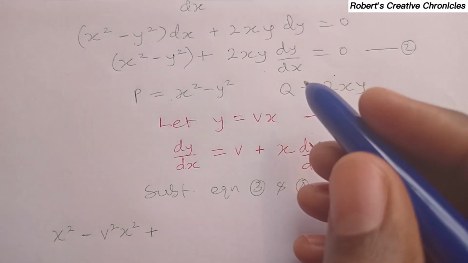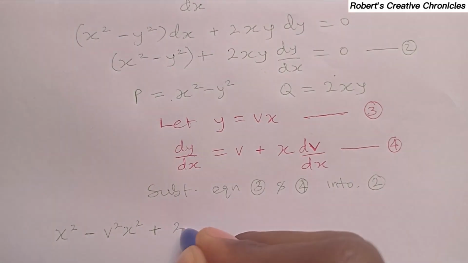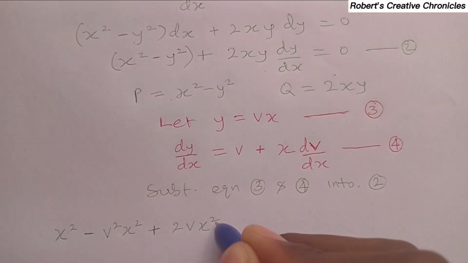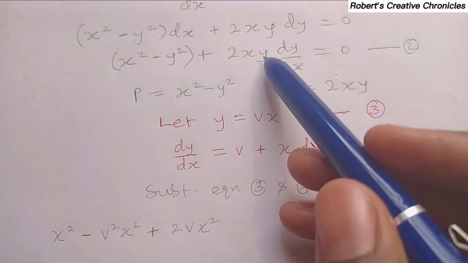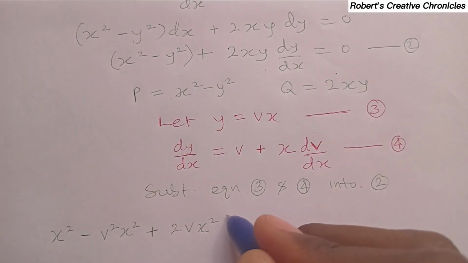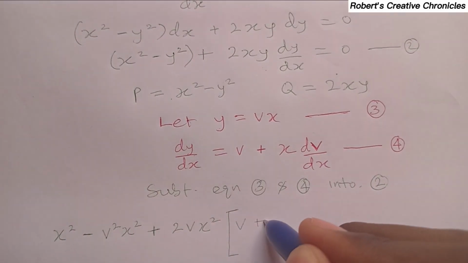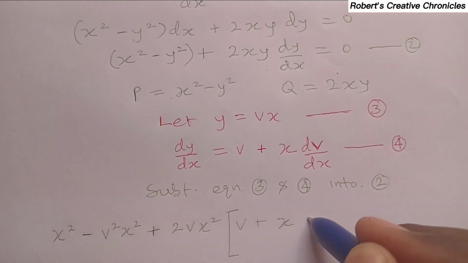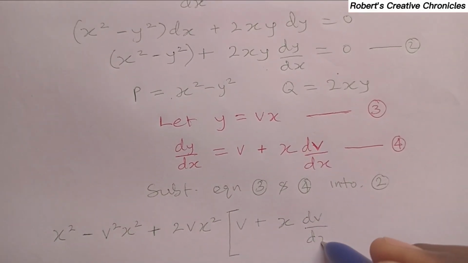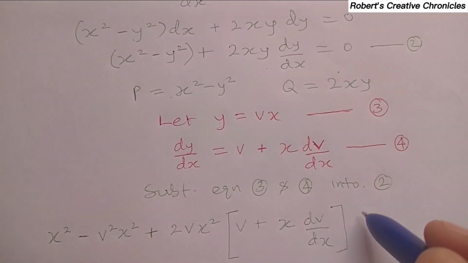That means it will be 2 times x times vx. So it will be 2vx squared, since y is vx. Then dy over dx will be this: v plus x dv over dx, which is equal to 0.